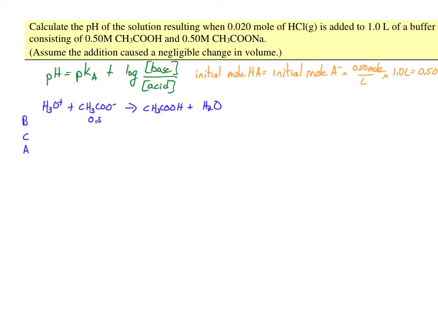Initially, we have 0.50 of both the conjugate base and its acid, and we're adding 0.02 moles of our strong acid.